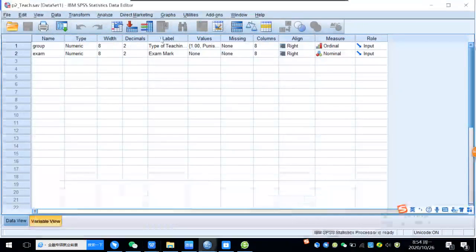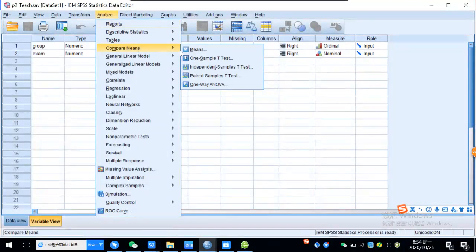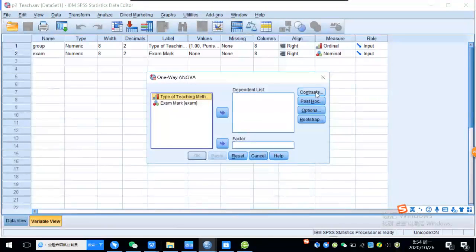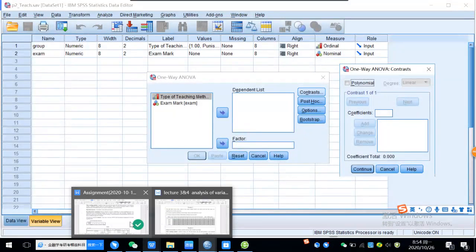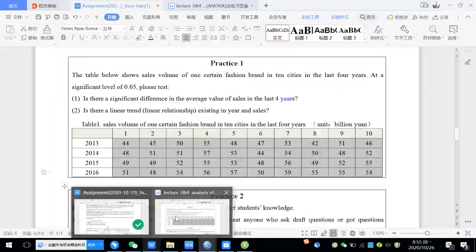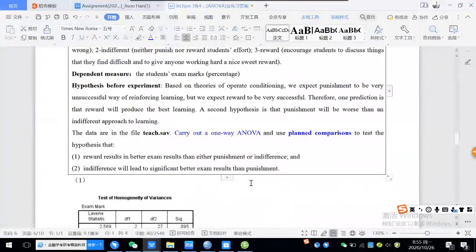Okay, so here we will use practice 2. So this time, when you compare means, you need to use the contrast. Yes, please use the planned comparison.